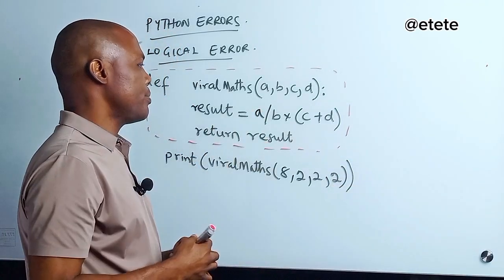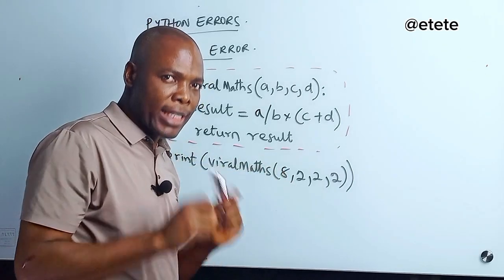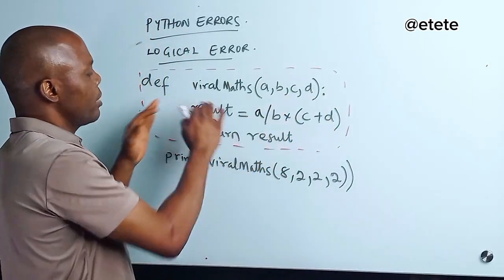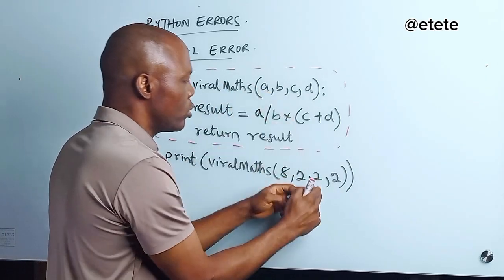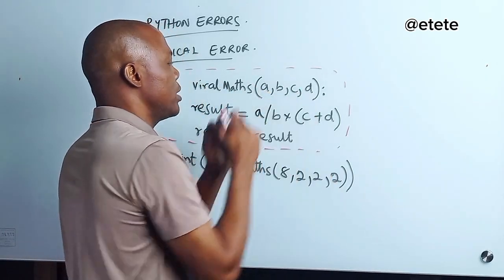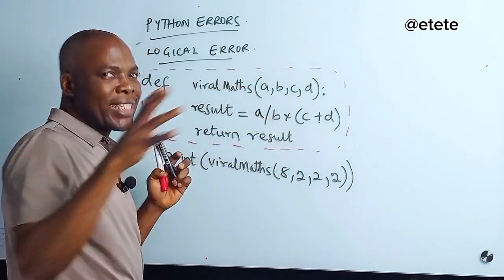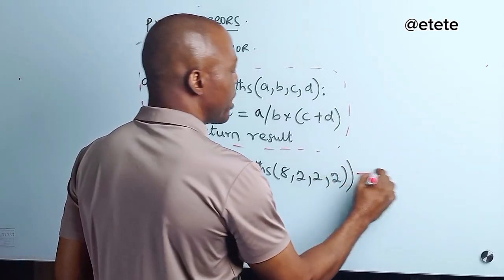Now, if I execute this program, which we saw in the last class, everything is complete. What will happen? Now, this 8 will be given to A, 2 will be given to B, 2 will be given to C, 2 will be given to D. And then the program is going to execute. In the last class, when we executed it, what did it give me?